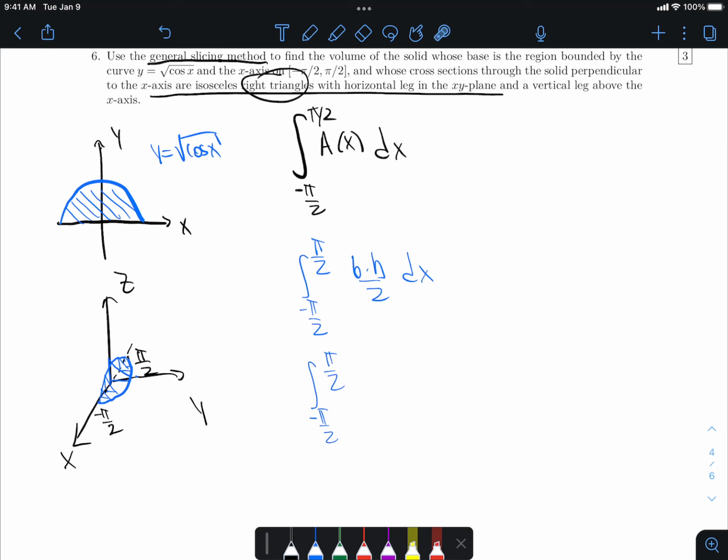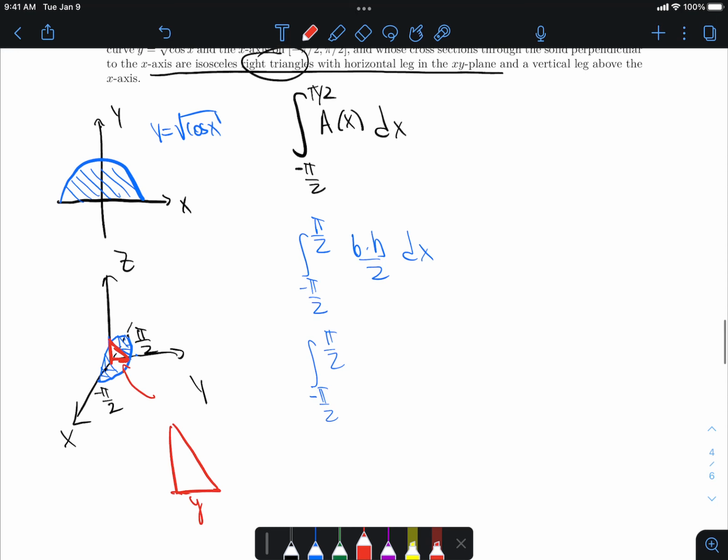So what is the base, right? Look at each of those triangles. This guy, if you bring it out, the base is this horizontal distance right here. So that is the y coordinate, right? Which is cosine x. In this drawing, this is the base of my triangle.